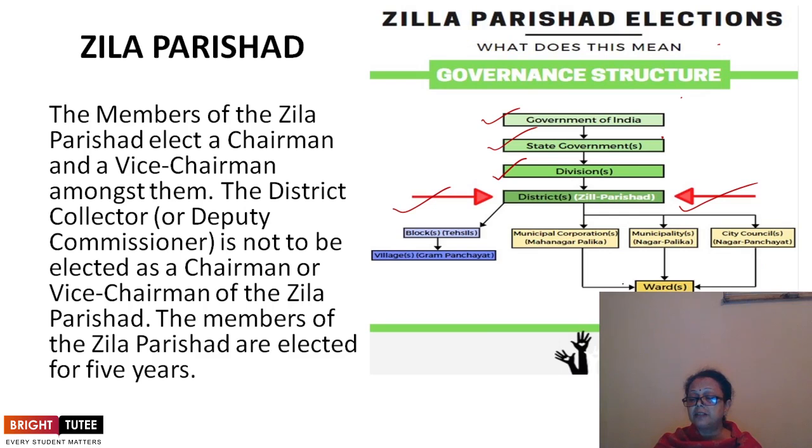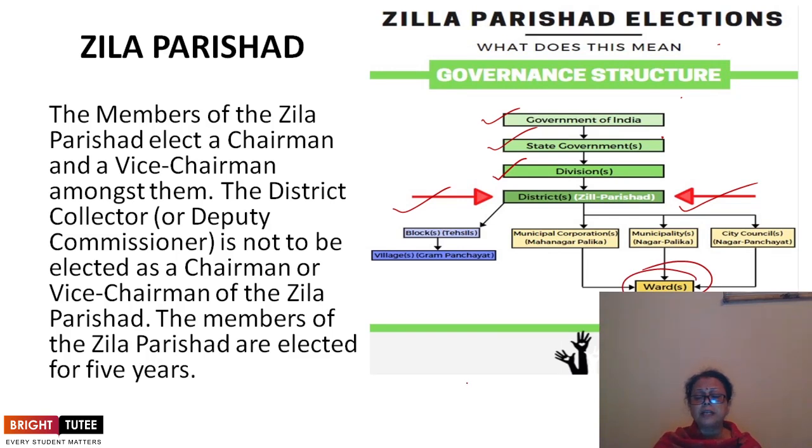Then we have the wards, which means the area has been divided into small parts. For the Lok Sabha elections and the legislative assembly elections we have constituencies. In the same manner, for the elections of the panchayats, the Jila, the municipal corporations and the municipalities, we have wards.